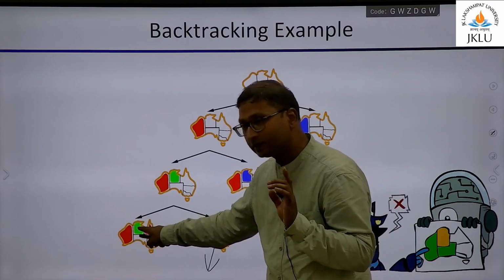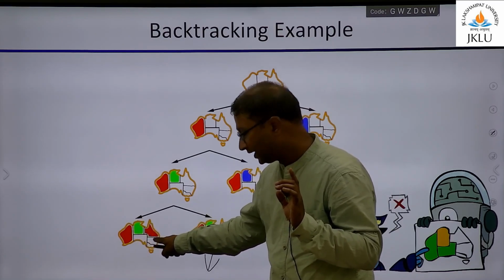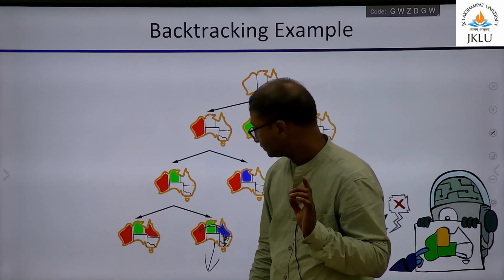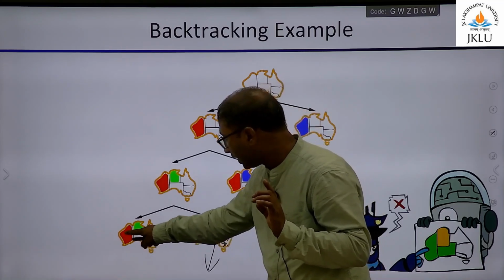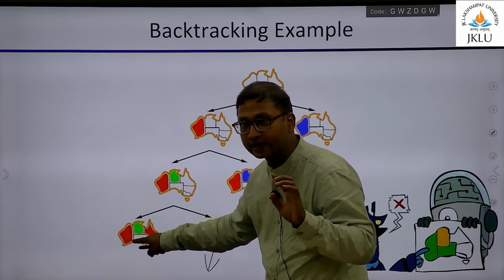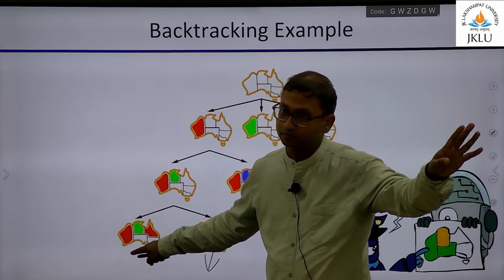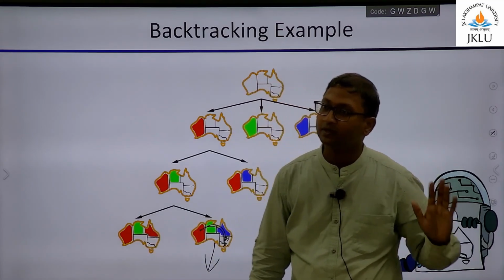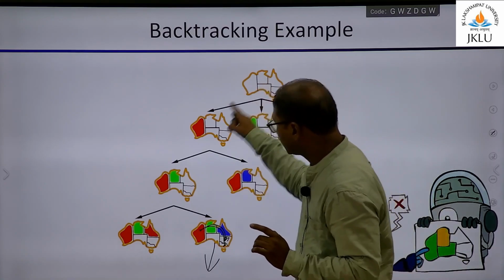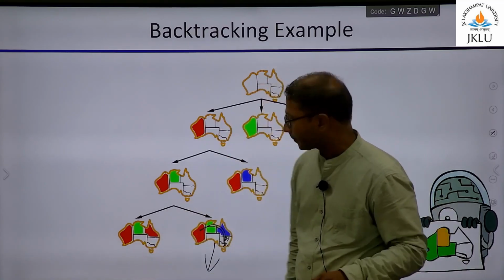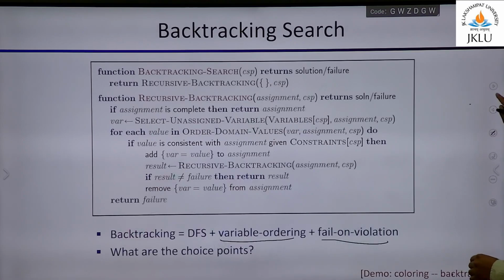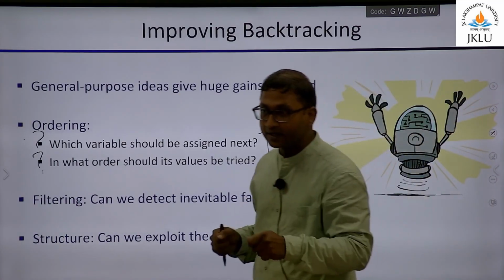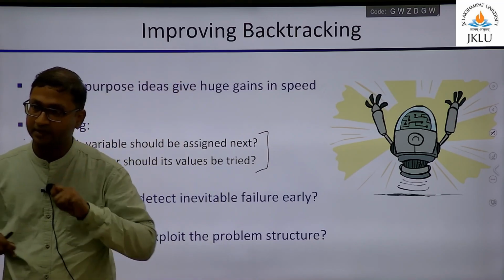Red, green, red, green, and red. So alternate colors to these, and then I can assign SA the third one. In this case that will be blue, and Tasmania is okay with whatever. So this path gives you something. So everybody understands that which variable matters and ordering matters.